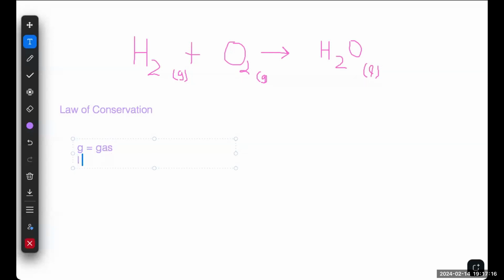L represents liquid. S represents solid. And aq represents aqueous. The term aqueous means dissolved in water.